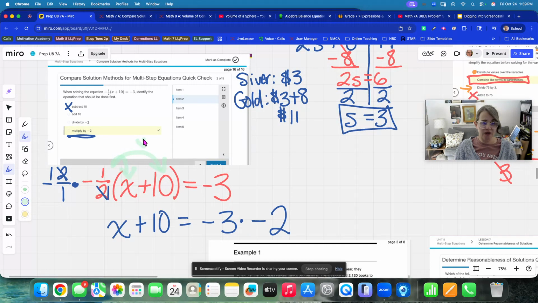When you rainbow things in, you got to multiply them. 1/2 of 10 is 5. Negative times a positive is a negative. So I know that looks like a 10, but it's actually a -5, so you cannot get rid of it by subtracting 10. You really can't get rid of it by adding 10, that would just turn it into a 20. Okay. Divide by -2. There's nothing algebraically wrong with doing that, but it doesn't help you.